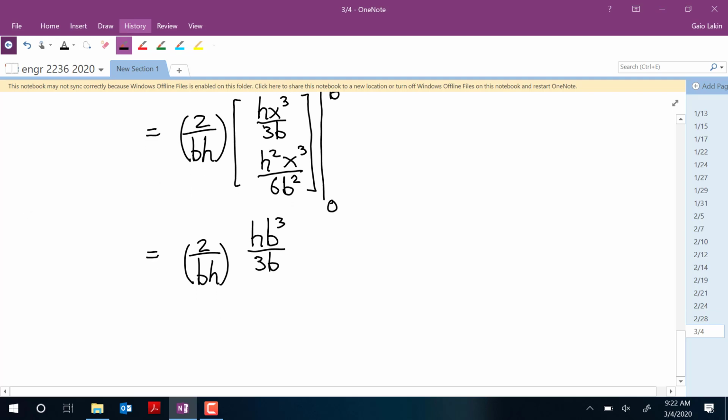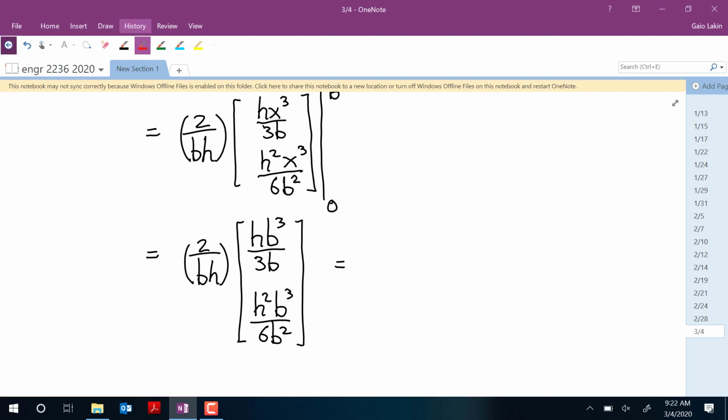And for the y component, we get h squared b cubed over 6b squared. You can cancel some of this stuff. So cancel one of those b's.